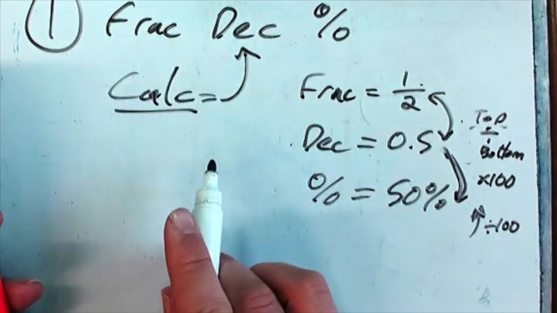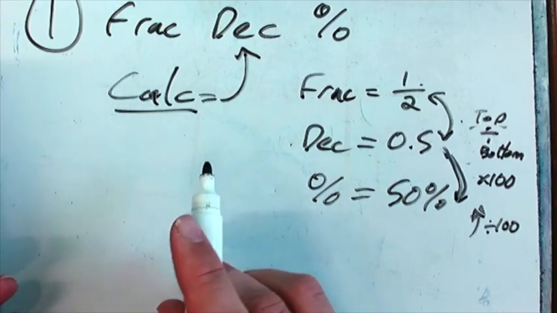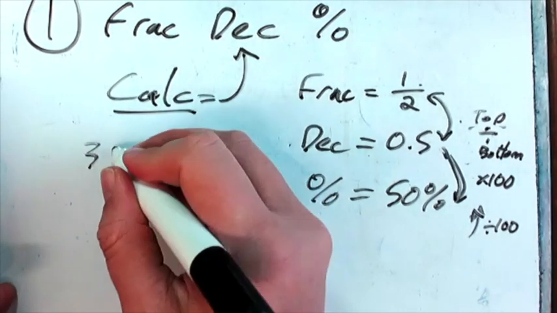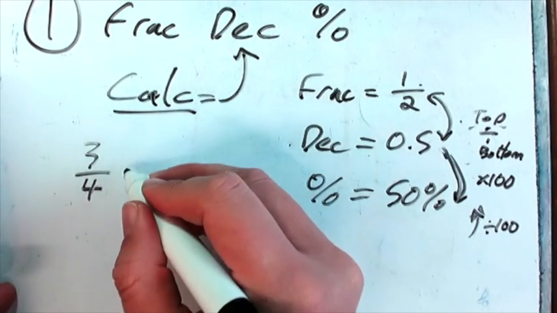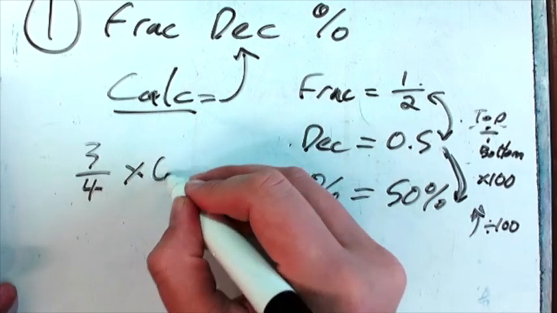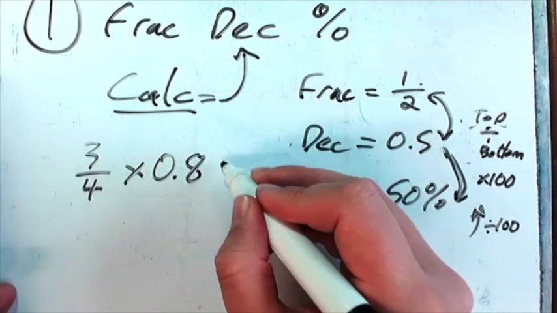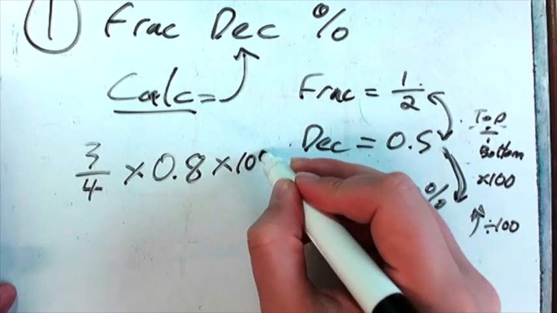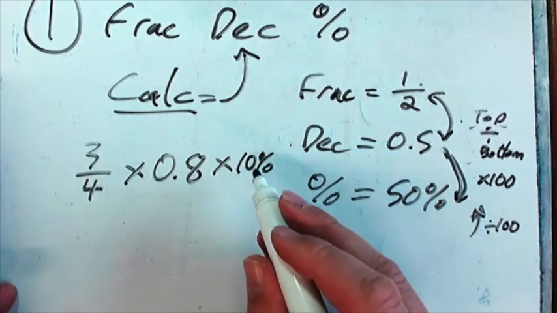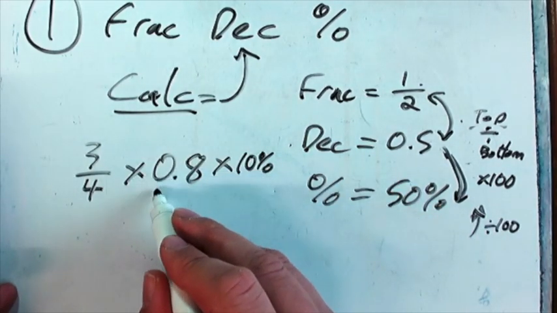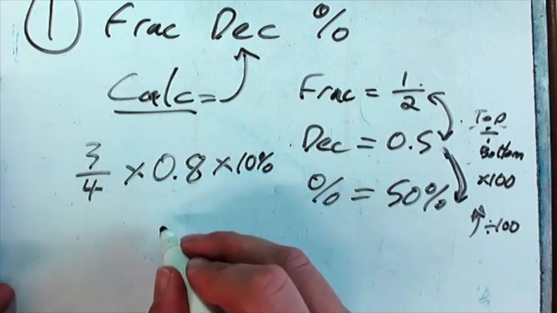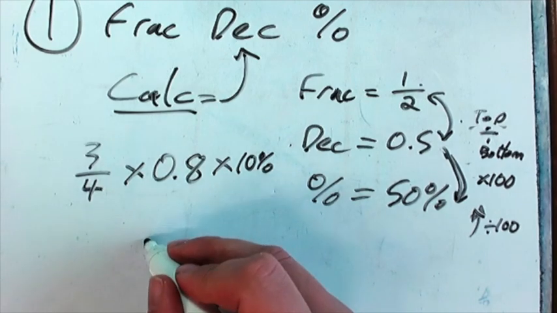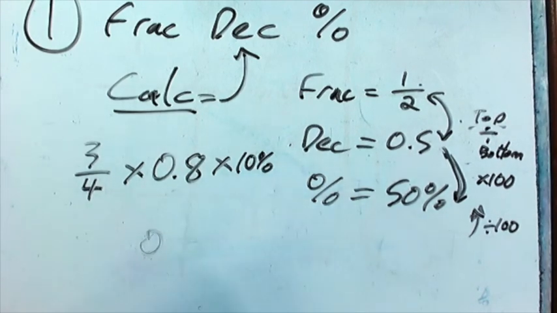So what do I actually need to do here? In the question, I got 3/4 times 0.8 times 10%. Okay, well, which of those are in decimal? Well, 0.8 is already in decimal, so I don't have to worry about that.